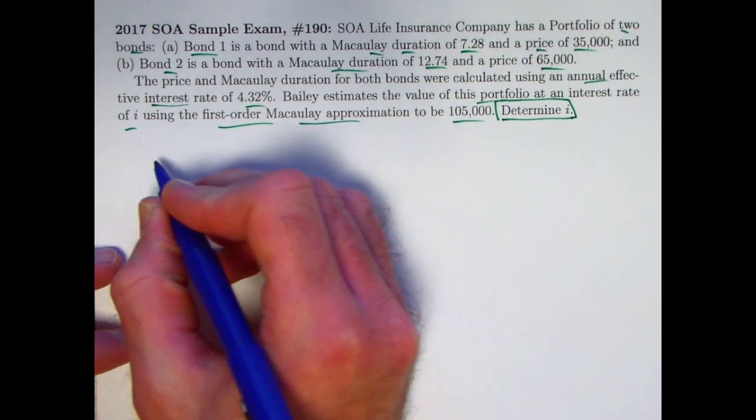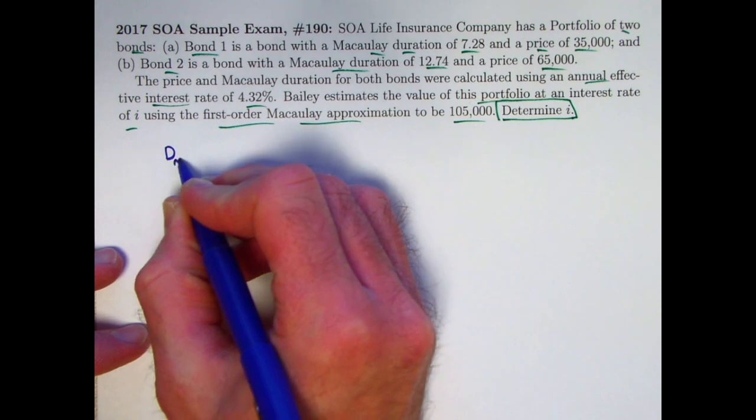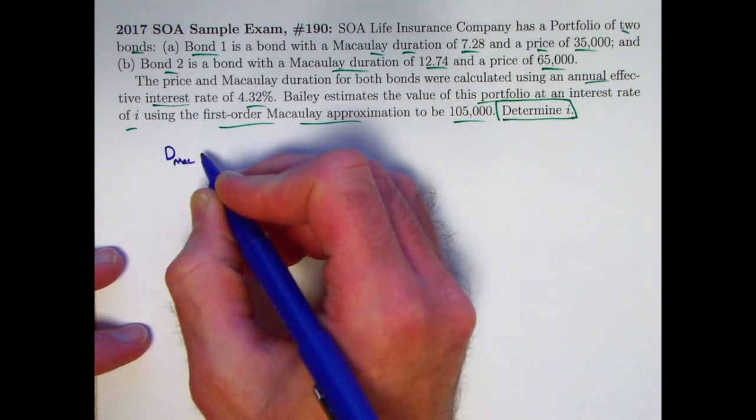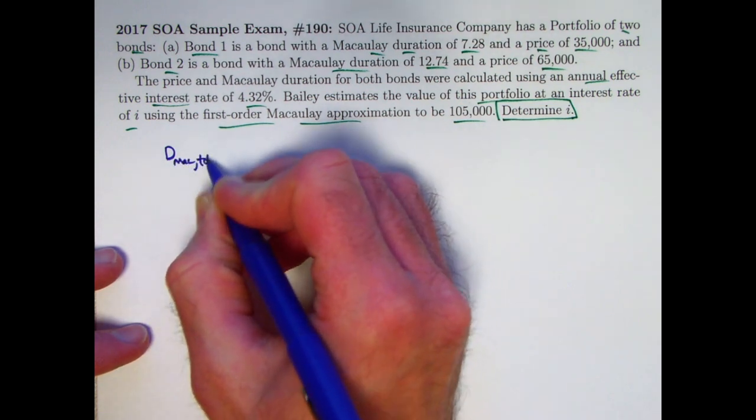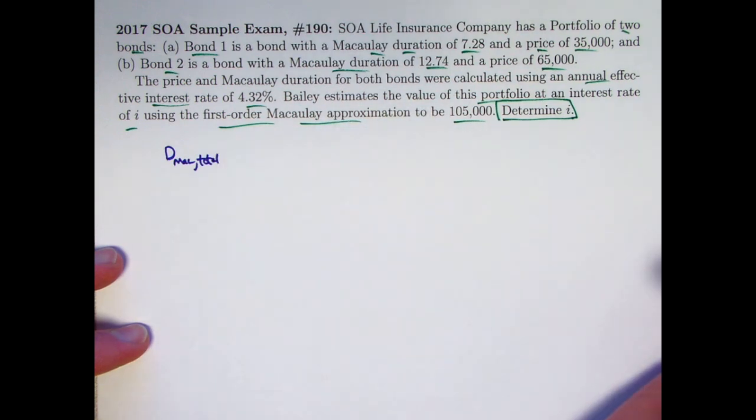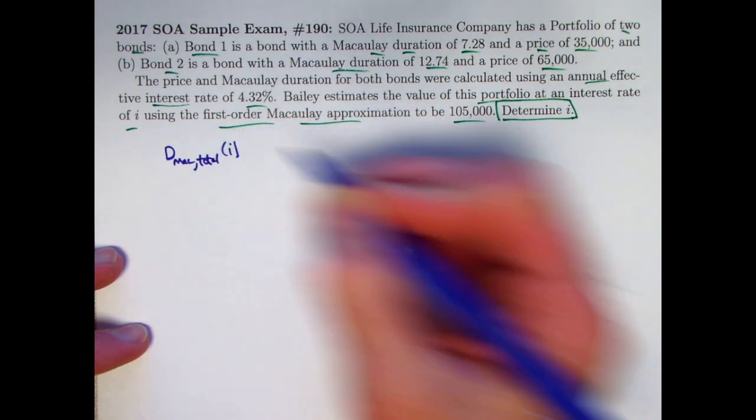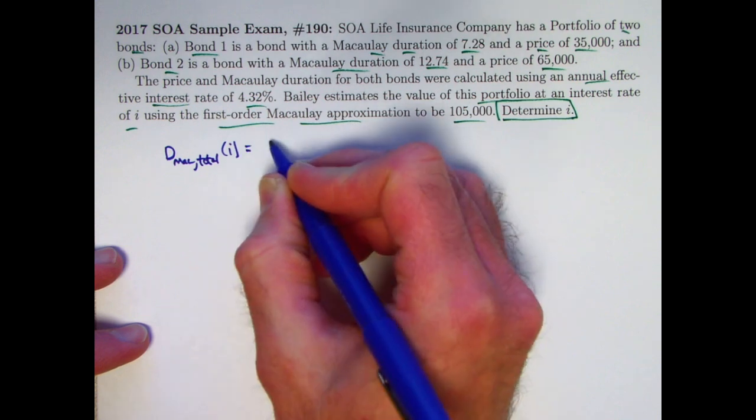In particular, you can say the Macaulay duration, DMAC total, I'm going to write it as it's shown in Broverman's book, at interest rate I, is a sum.